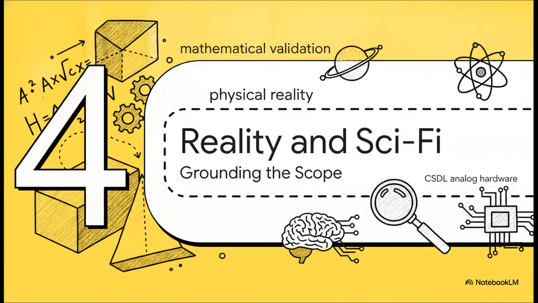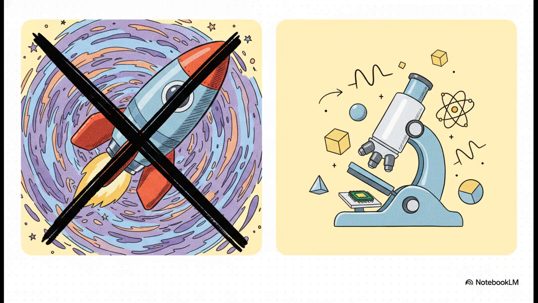Finally, let's talk about the physical boundaries of reality and sci-fi to really ground the engineering scope here. Now, we have to draw a sobering, rigorous line between mathematical validation and physical reality. We are absolutely not claiming to build a physical warp drive today. Science fiction loves to imagine building a macroscopic warp ship, but rigorous physics tells us that requires impossible Planck-scale energy. That's purely sci-fi.